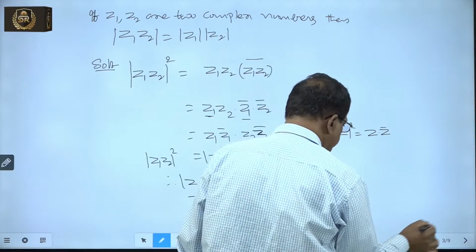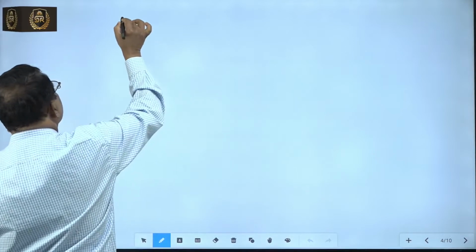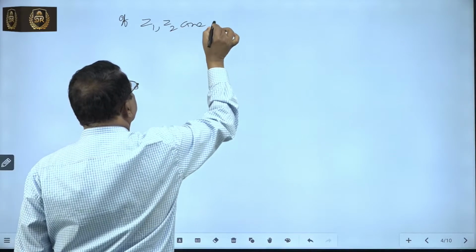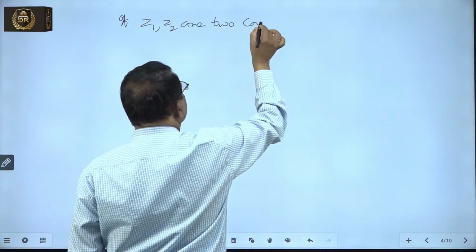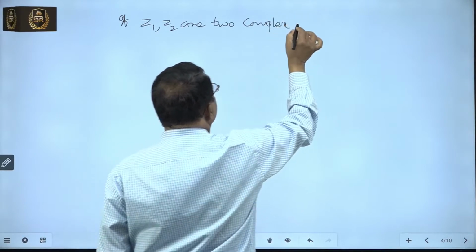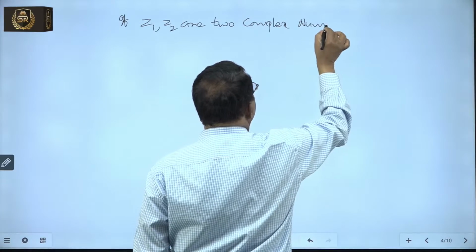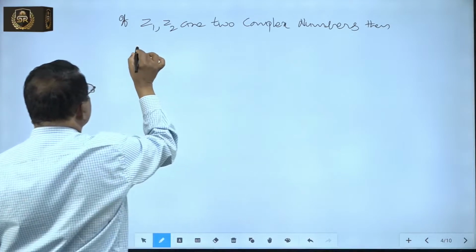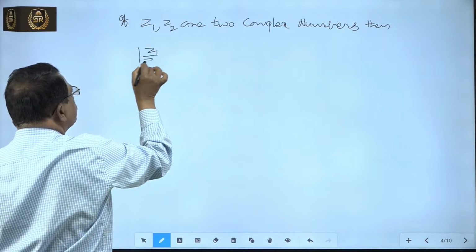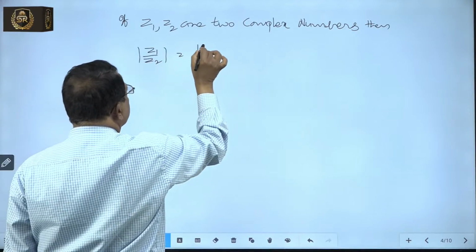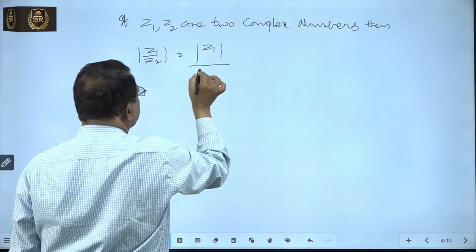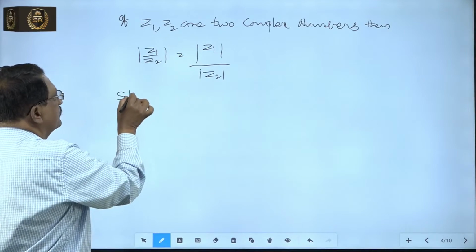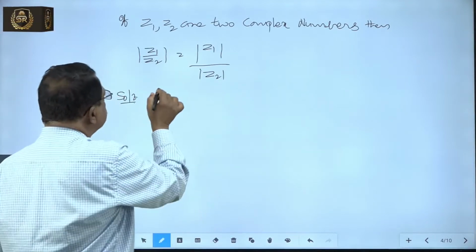Next, if z1, z2 are two complex numbers, then mod of z1 by z2 equals mod z1 by mod z2. Now the proof.